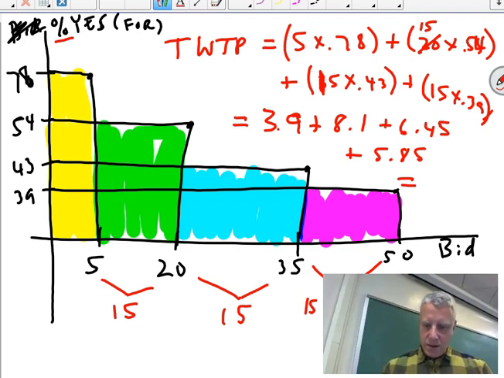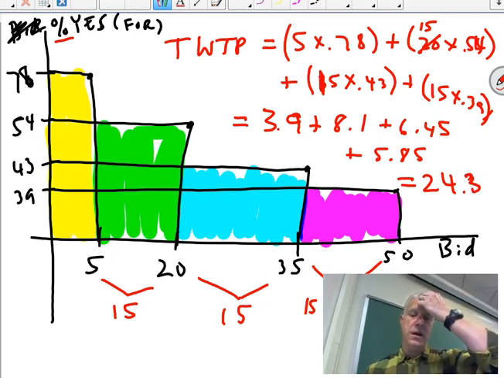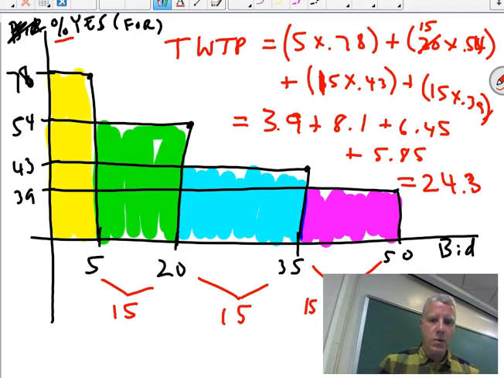Then adding those together, 3.9 plus 8.1 plus 6.45 plus 5.85 equals 24.3, and that is the willingness to pay for the Red Drum stocking program for people who target Red Drum.